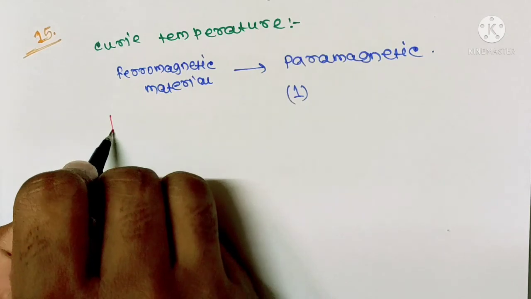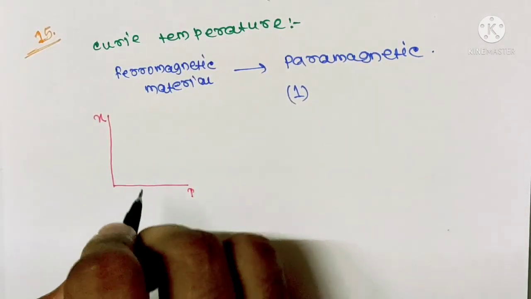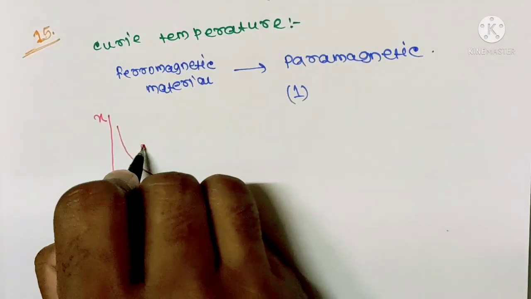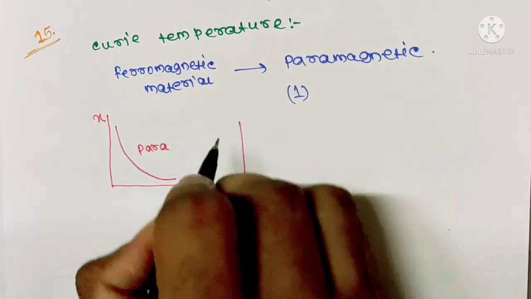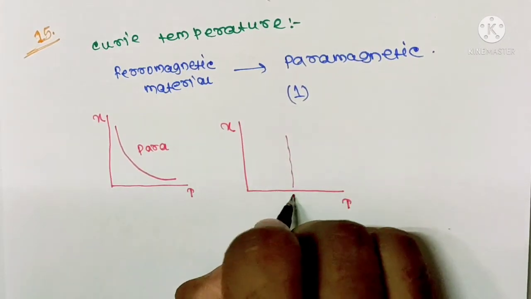We know for a paramagnetic material, susceptibility variation with temperature is given by this graph. This is for a paramagnetic material. For a ferromagnetic material, susceptibility versus temperature. Now let this be the Curie temperature.